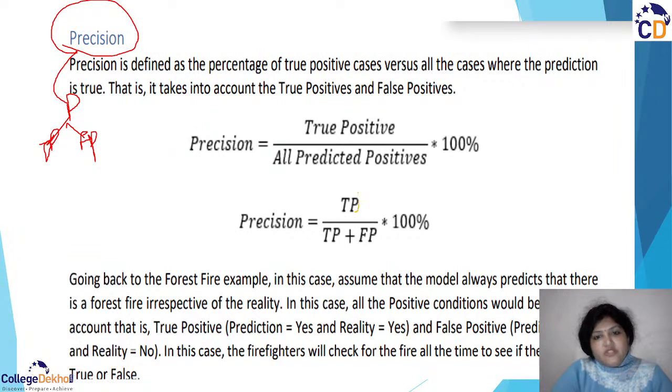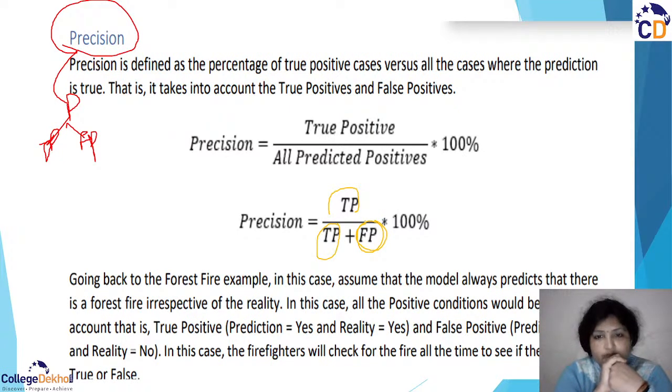You have true positives, and in that case, you have true positives plus false negative here. Rather than taking all the positives, it takes false negative also. So this is the basic difference also.